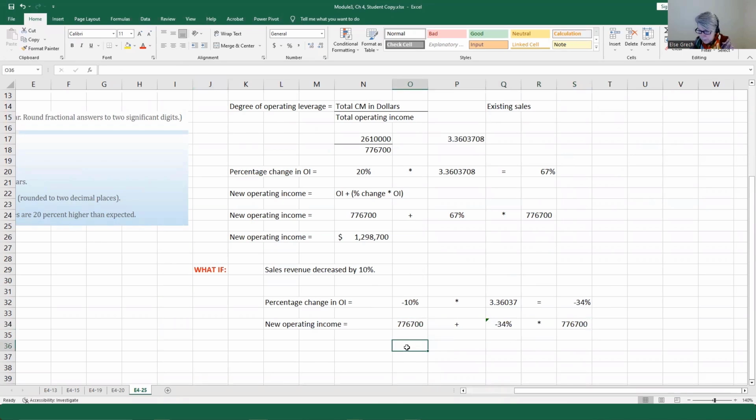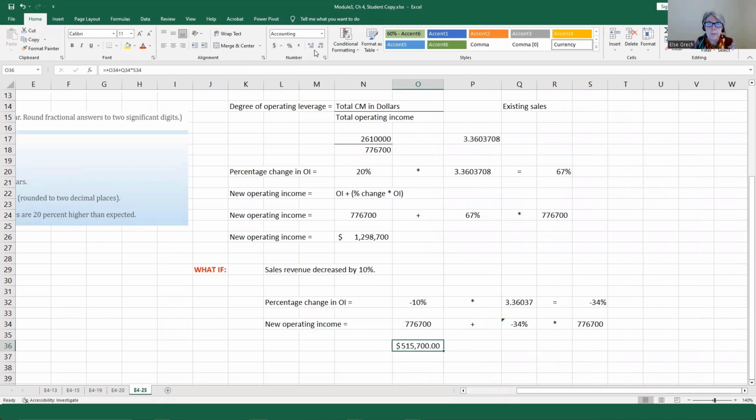Okay, so let's look at it. Remember, I'm going to add it to the percentage multiplied by the operating income. That's a negative percentage, so we should get a lower number now, $515,700. Okay, because we've had a 10% decrease.